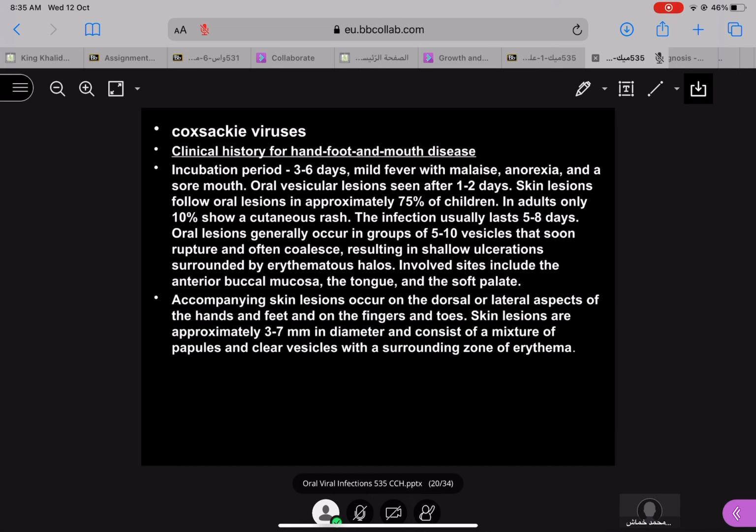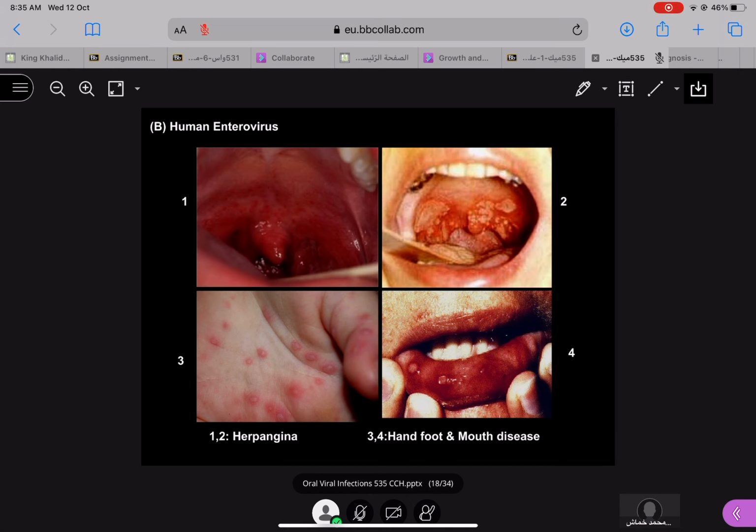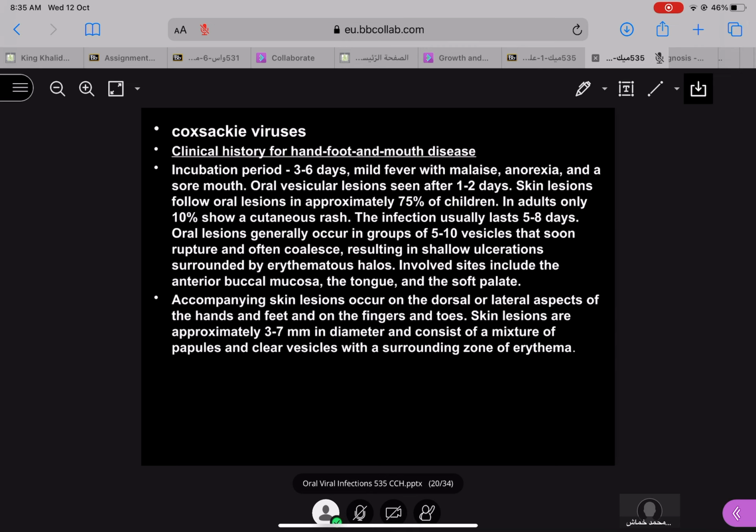This is the picture which can show you. Sometimes it comes like one and then they emerge together to cause these lesions. It can appear on buccal mucosa, tongue, and soft palate.